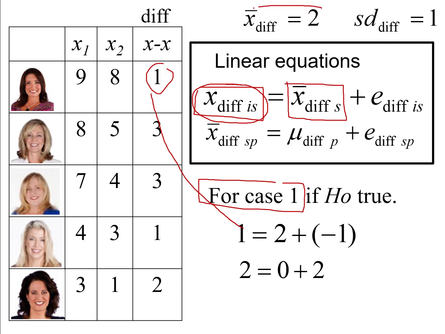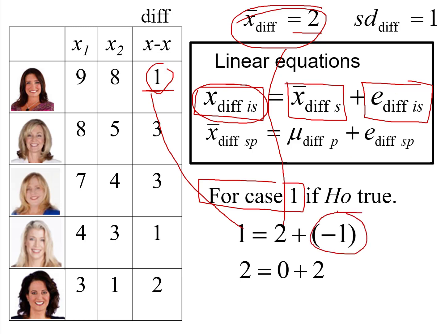And we calculated that the mean for this sample, the mean difference score, was a 2. So I'll plug that in right there. And then if the mean was a 2 and she scored a 1, that means she's 1 point below the mean. So the error difference for individual i in sample s for case 1, her error is a -1. She was 1 point below the sample mean. So that equation for case 1 is 1 equals 2 plus -1.